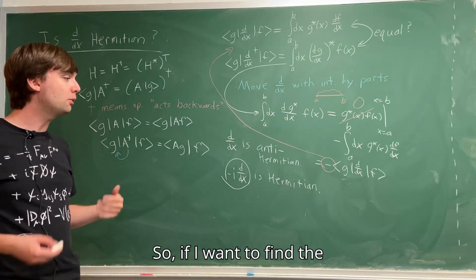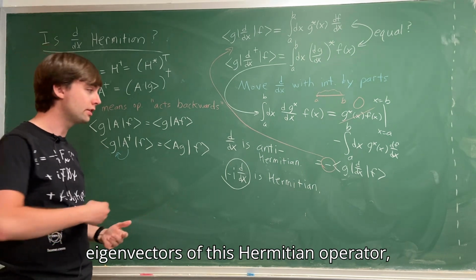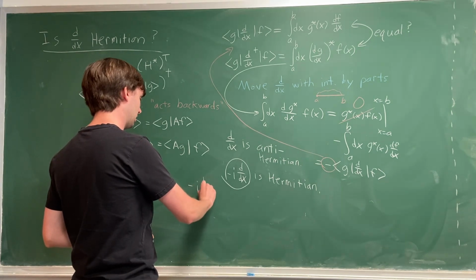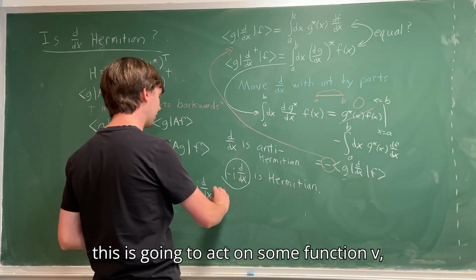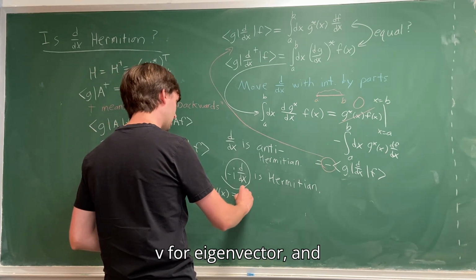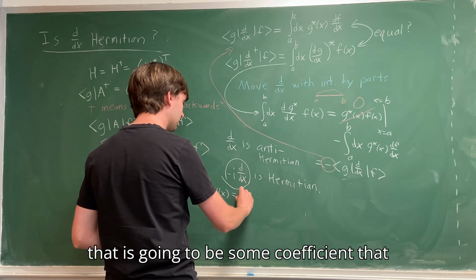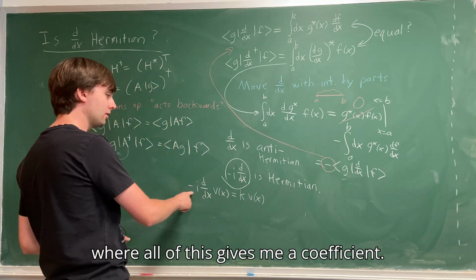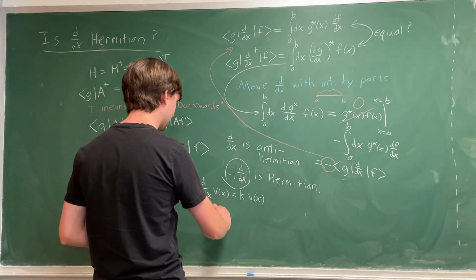So if I want to find the eigenvectors of this Hermitian operator, this is going to act on some function v for eigenvector, and that is going to be some coefficient that I'll call k, where all of this gives me a coefficient.